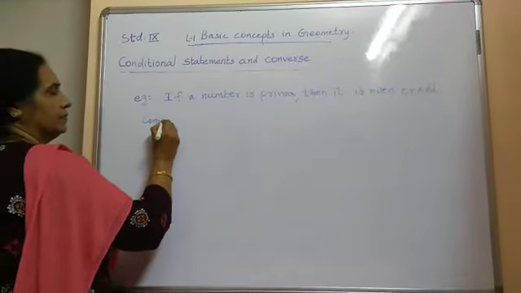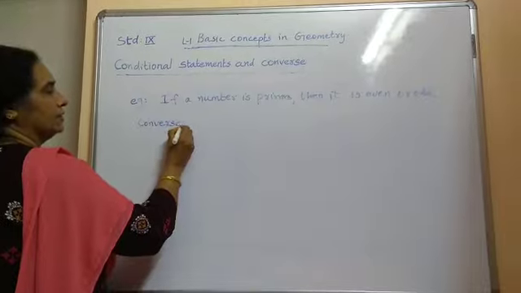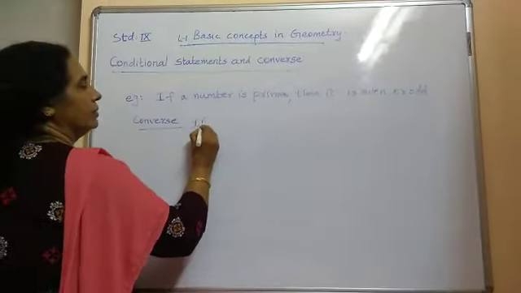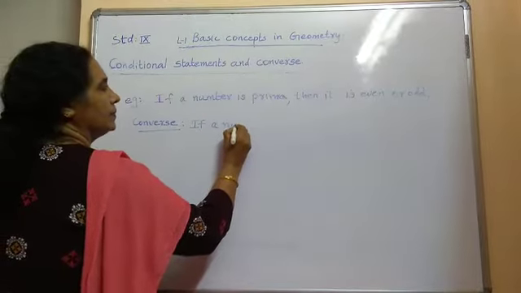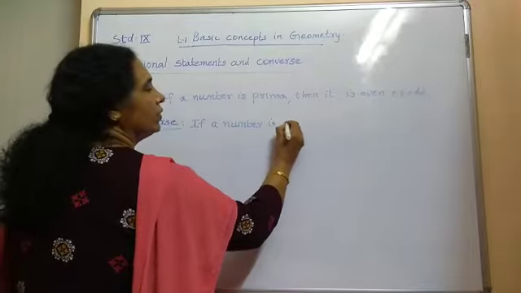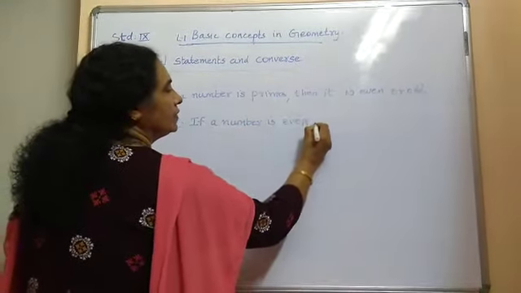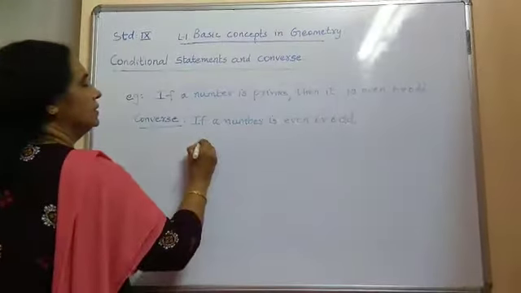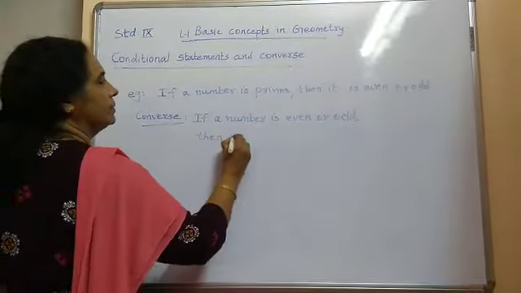Converse: if a number is even or odd, then it is a prime number.